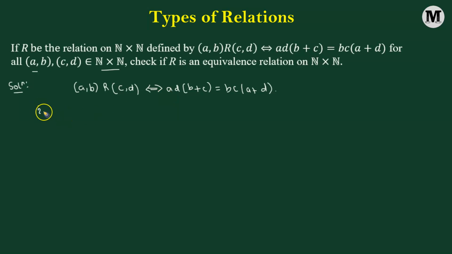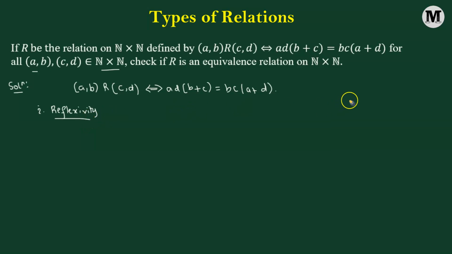To show that a given relation is an equivalence relation, we have to show that it is reflexive, symmetric, and transitive as well. First we begin by checking whether it is reflexive or not. What is reflexivity?